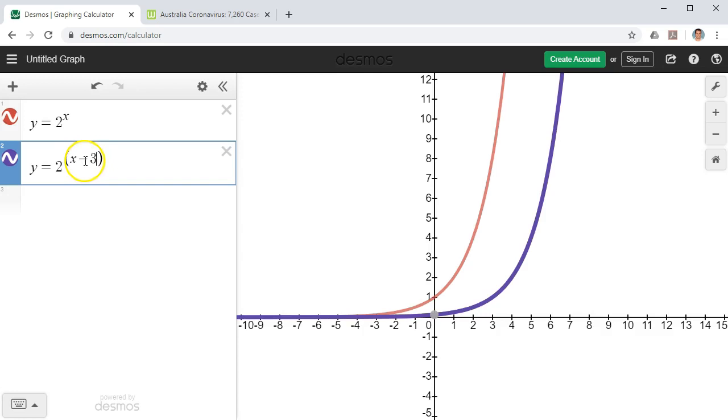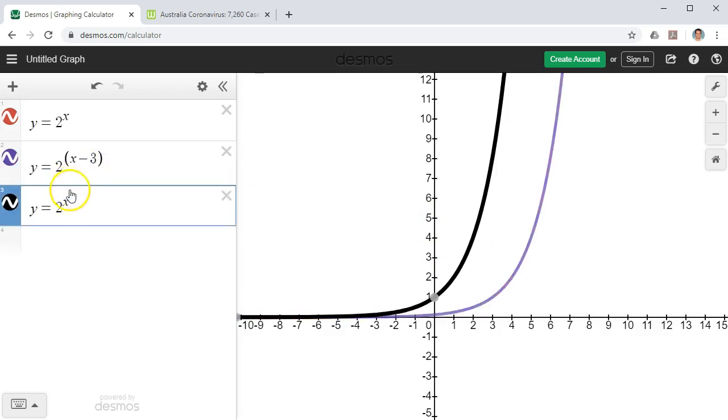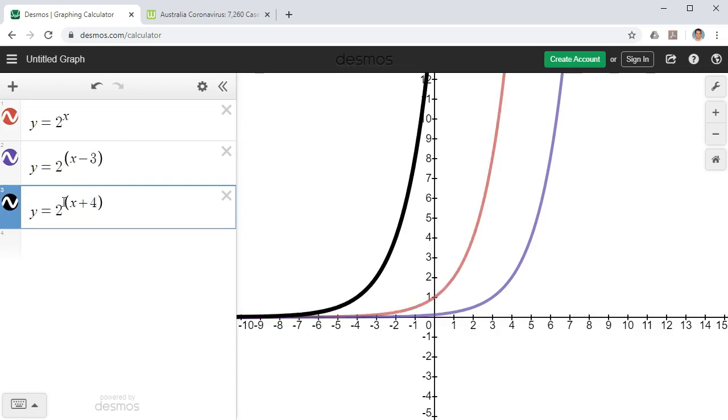And what you'll notice is when you subtract 3, it moves the graph 3 places to the right. So how would I move the graph to the left? Let's say I want to move it 4 places to the left. Some of you might have already guessed how to do this. Once again, we put it in brackets, but this time we're going to add 4, which will move the graph 4 places to the left.